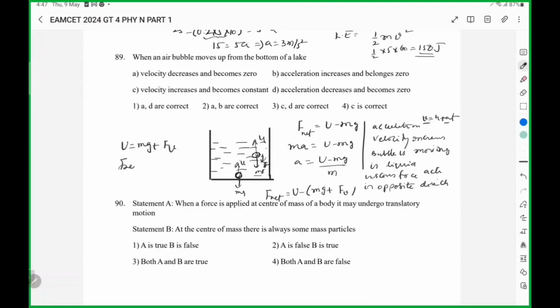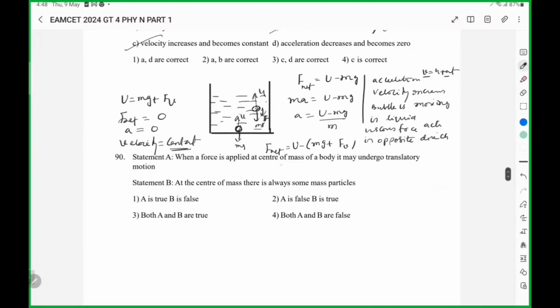So F net becomes 0, acceleration becomes 0, velocity becomes constant. It is known as terminal velocity. So acceleration decreases and becomes 0. B option is correct: velocity increases, finally becomes constant.